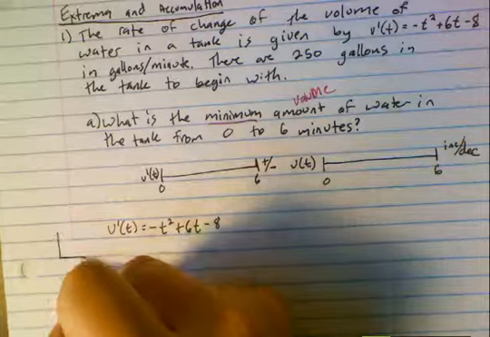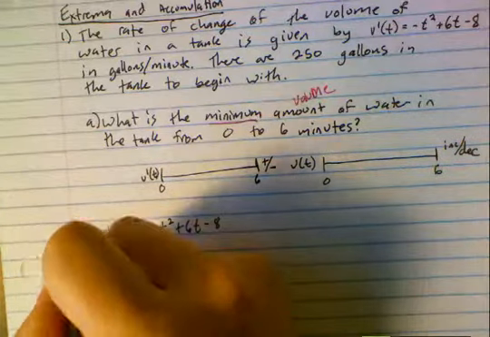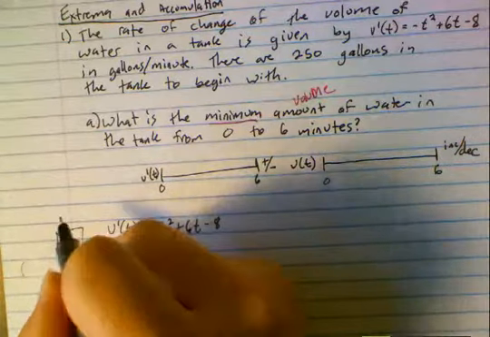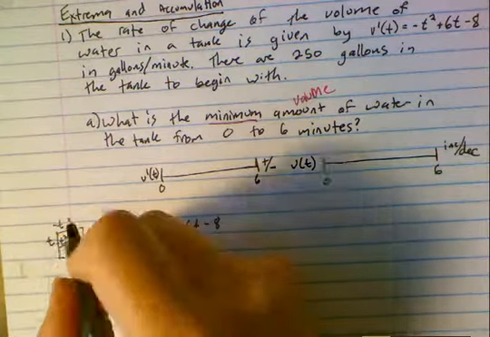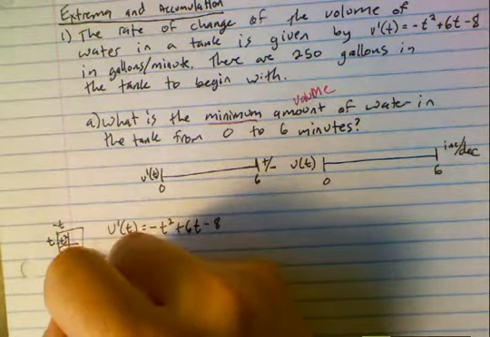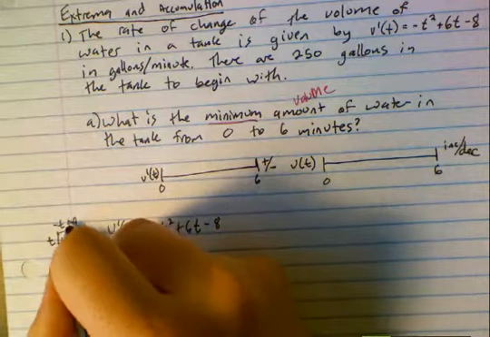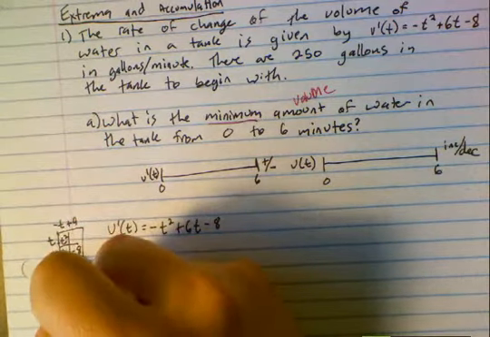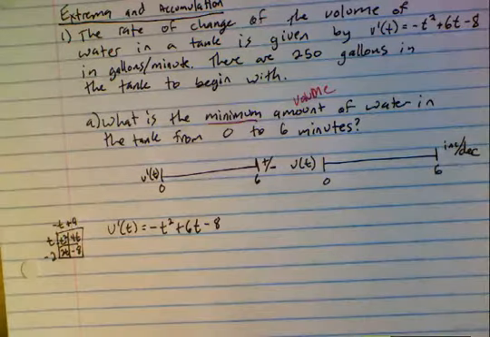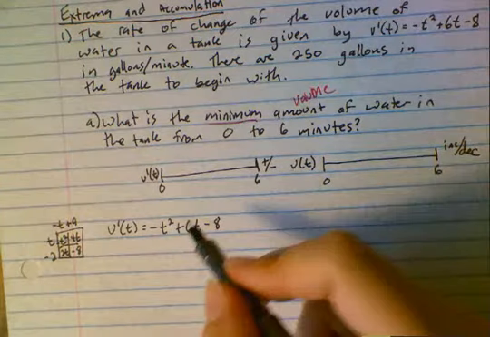If we do our factoring, so that would be t and negative t. And to get negative 8, we can do 4 and negative 2, and that works out fine. 2t plus 4t gives us that 6t right here.